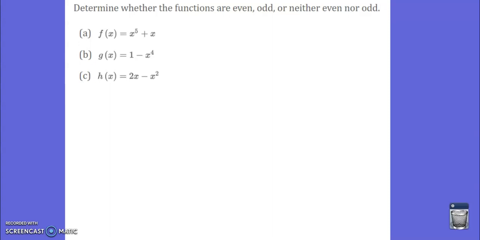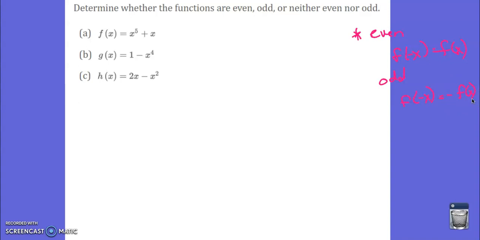As a reminder, if it's even, f of negative x will end up being f of x. That's the one thing I always check for. I always plug in negative x where the x is. And if it's odd, f of negative x is going to be the negative of f of x. Either way, we're going to substitute negative x in for x.